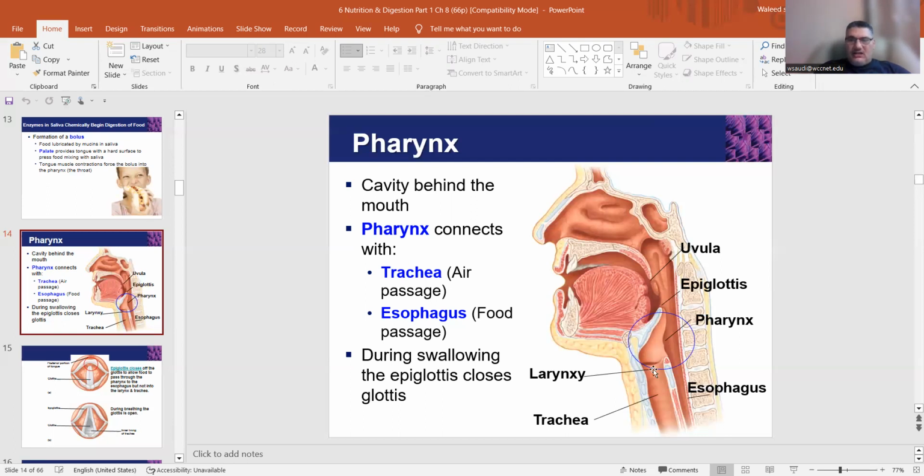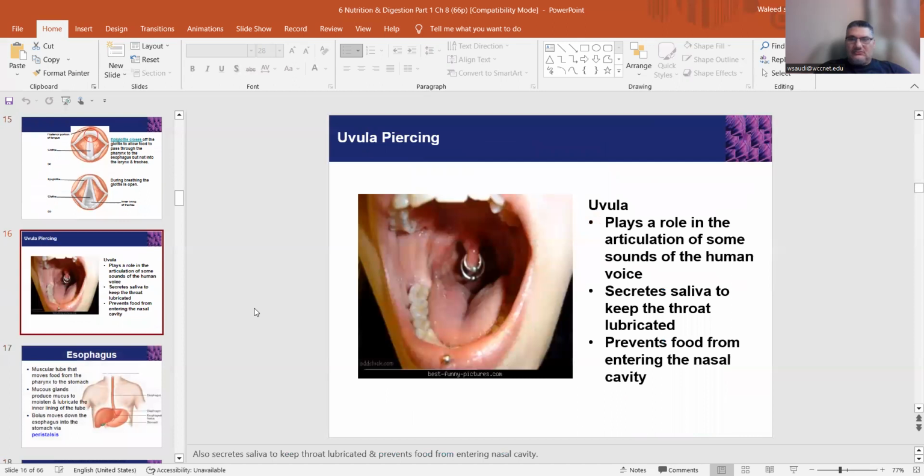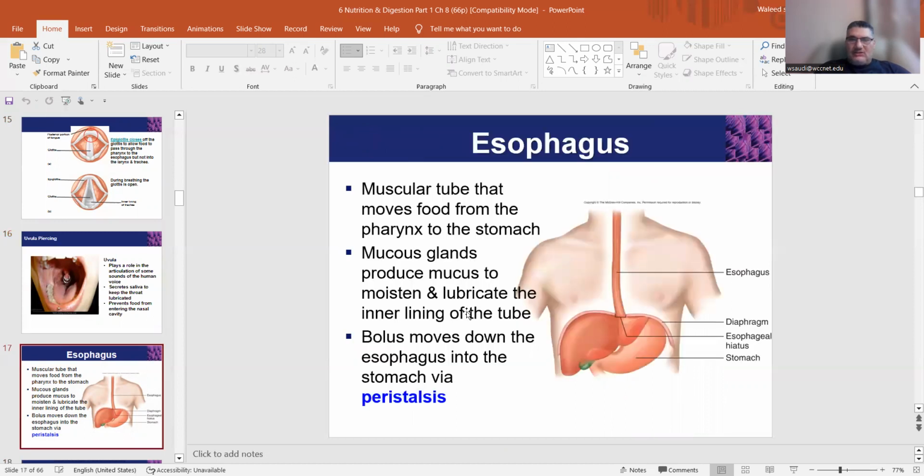The other thing that is also here to block the food from going into the air is your vocal cords. We call it the glottis. Here is a uvula in the back. And here is the tongue, obviously. Here is the esophagus. The food moves down the esophagus.